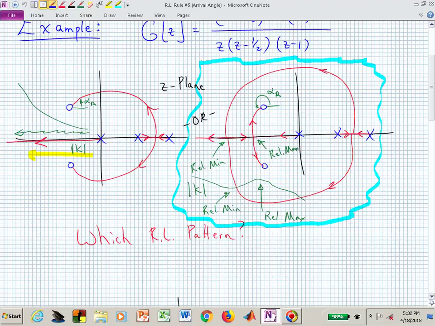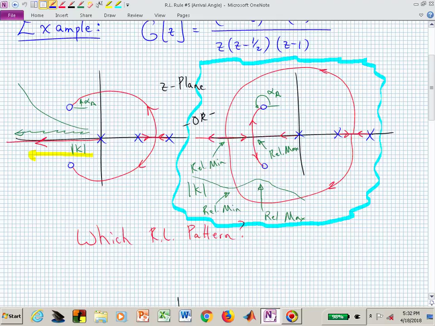Both of these options have the same geometric structure of poles and zeros, but depending on the particular values of those poles and zeros, you might have what you see on the left or what you see on the right. I try to go through that in some of that additional material.